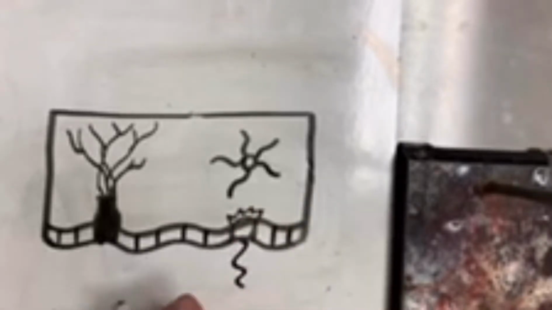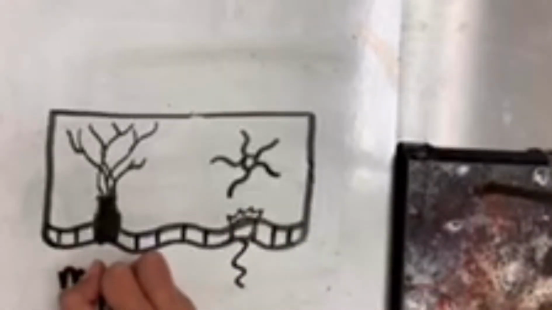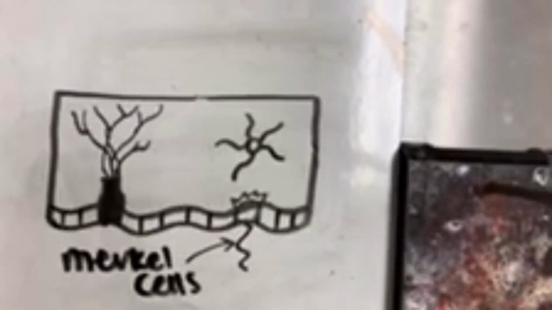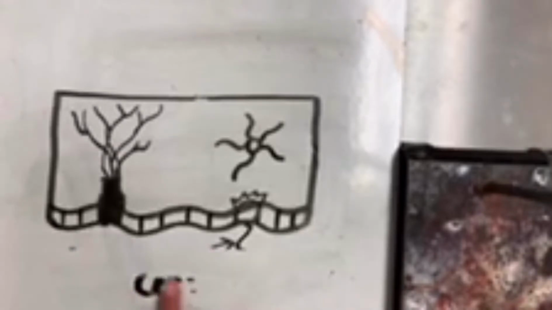These are Merkel cells. They are found in the stratum basale and they detect the slightest touch and different air pressures.